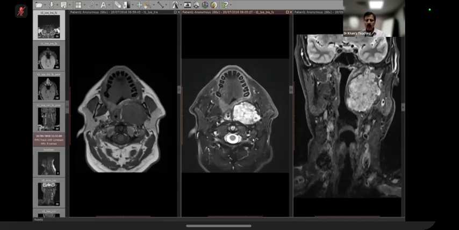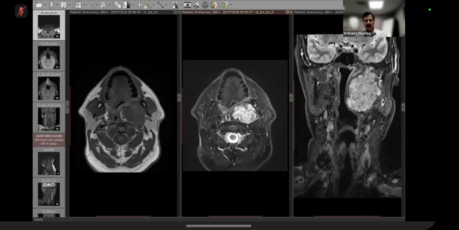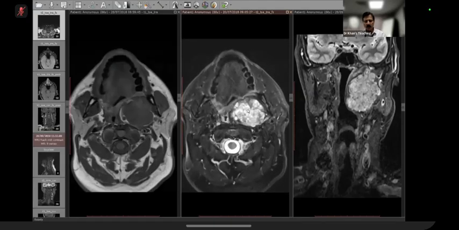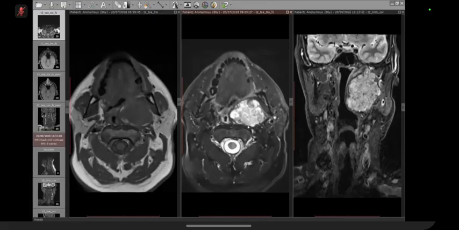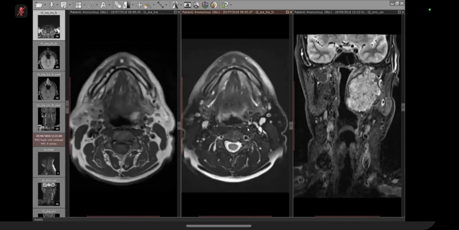Okay, just 1 second. Go to stir axial and orient yourself. Go to the base of the skull on the stir. If you scroll through, these two will go together, right? They will scroll. Continue. Up. Continue up.